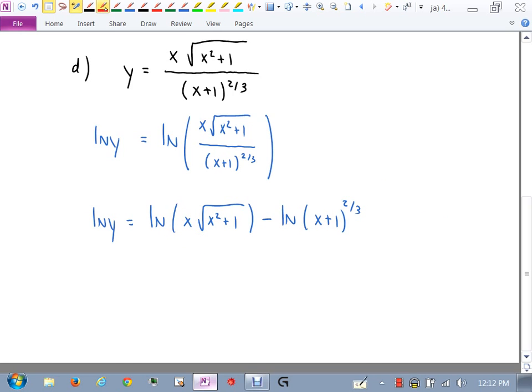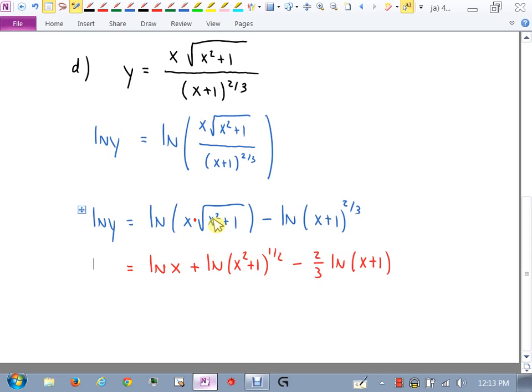But on this first one, do you see you have a product inside of a log? And so you can break that into 2 logs. And on this one, the 2/3 can come down. So what's happening is it's just getting nicer and nicer and nicer.